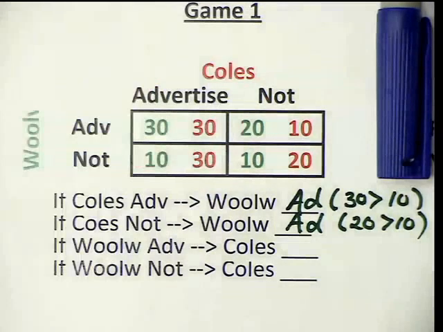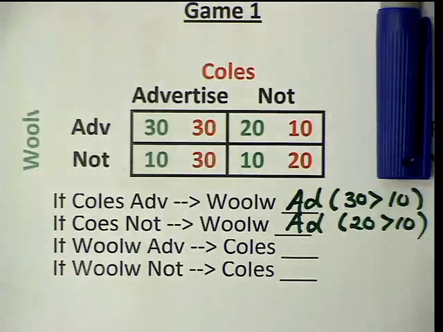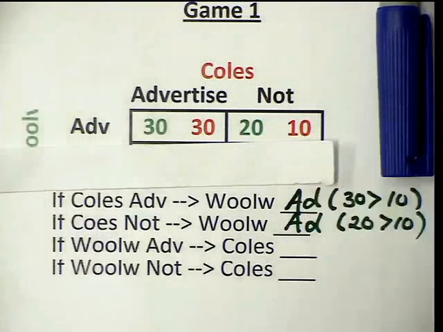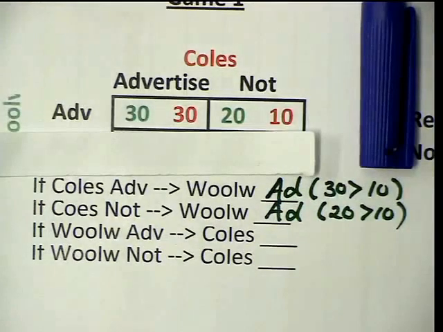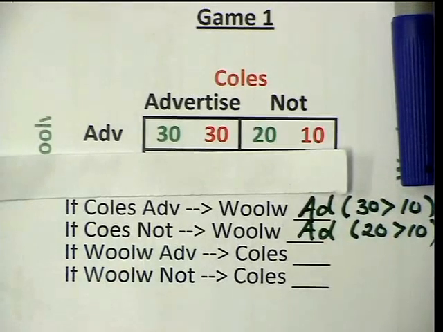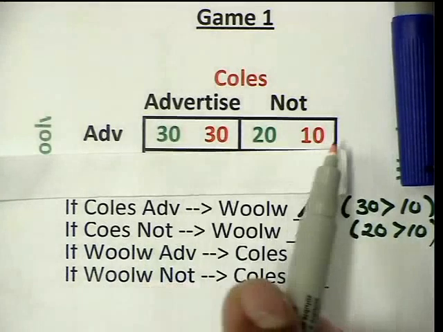If Woolworths advertises now, what cells should I cover? The bottom 2. If Woolworths advertises, Coles looks at advertising and taking 30 or not advertising and taking 10. 30 is more than 10.